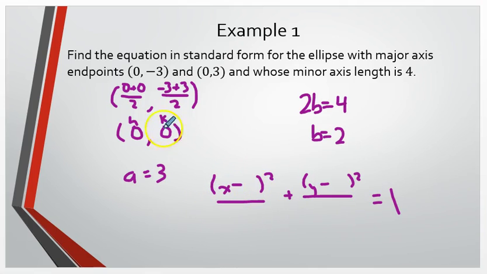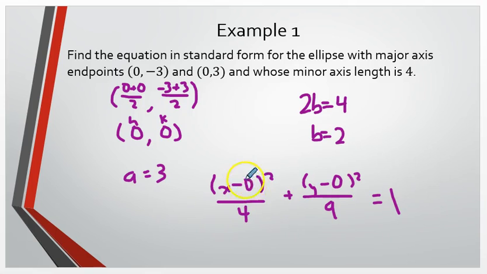So now I'm just going to plug in h is 0, k is 0, and then the a value. Notice that for the major axis endpoints, the x-coordinate stayed the same for both of them, but the y-coordinate changed from -3 to 3. That's how I know to associate this a value with the y's. It was the y-coordinate changing for a. So now I know to put a with y, which means b goes with the other number.